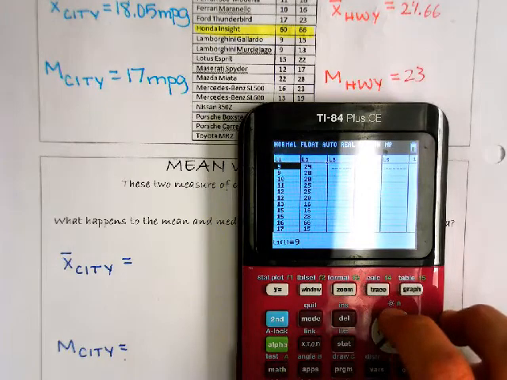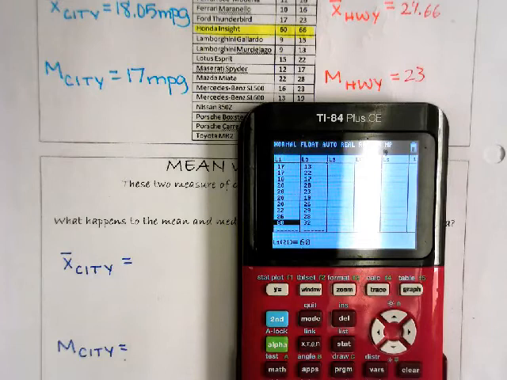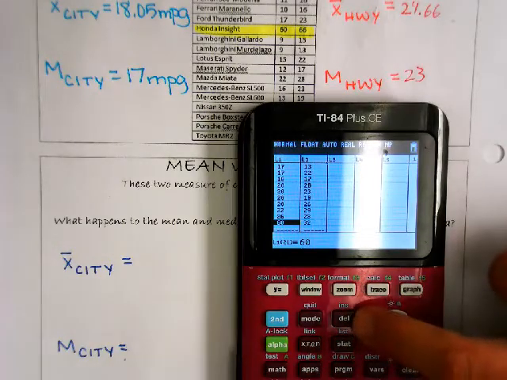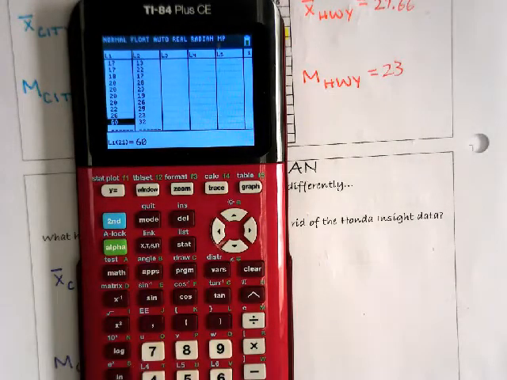So I'm going to highlight the 60. And to get rid of it, I hit delete, which is this one up here. We don't delete lists, but we can delete pieces of data. So if I highlight 60 and hit delete, it's gone from my list.